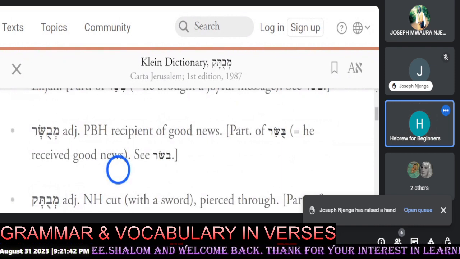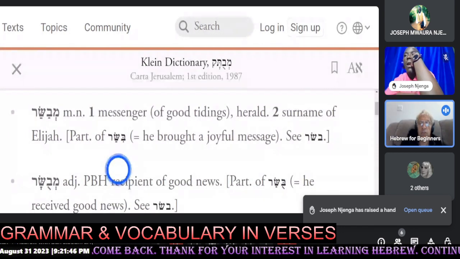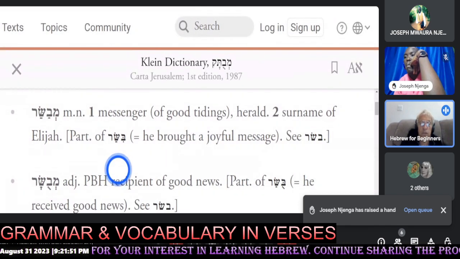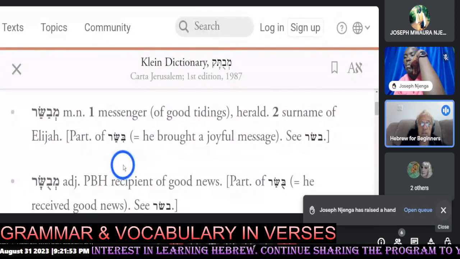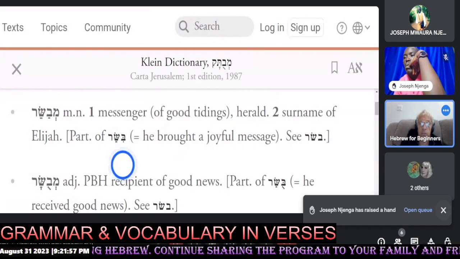So ani mevi besoros tovos liosef. I bring good tidings to Joseph. Joseph mivusar. Joseph hu mivusar. Joseph is the recipient of good news.